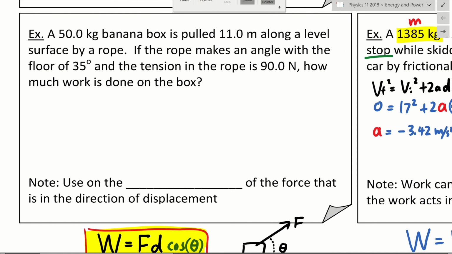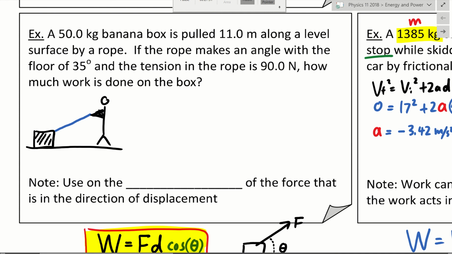I'm pulling a banana box like this with a rope, okay? So instead of pulling it on the ground, you stand up and then you start pulling it from the rope.